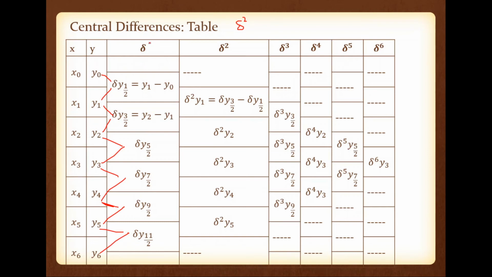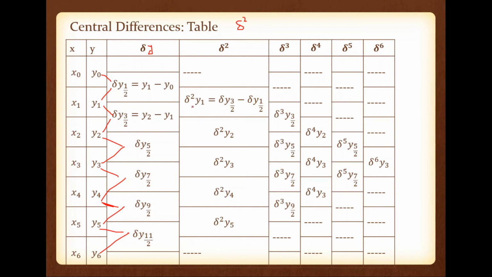Then by using the first central difference column, we can calculate the second central difference column, that is theta square y. Here you can see that in theta y, the first two data are theta y 1.5 and theta y 0.5. So its middle point is theta square y1, because we are calculating central difference. Take these two numbers, 3 by 2 and 1 by 2. Its middle point is y1.